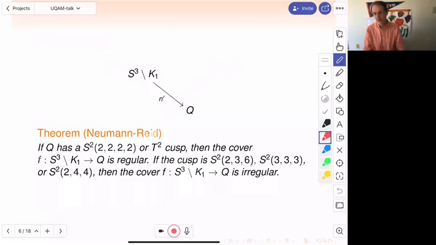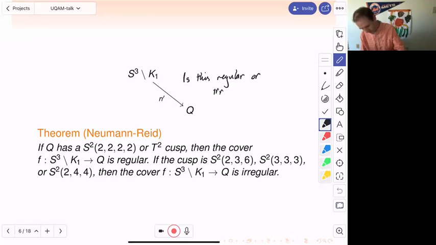When we have a knot complement covering some orbifold, say the minimal volume orbifold in the commensurability class, or just any other intermediate quotient, we could ask how this quotient operation is going to happen, what properties we can say about it. Really the thing that we might want to know is, is this regular or irregular?